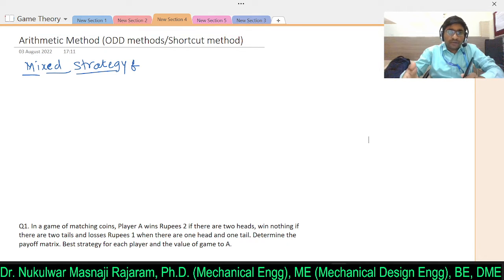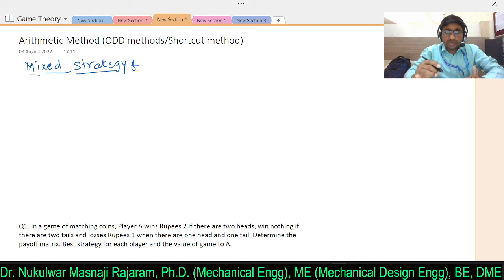If there is no saddle point, then we will go for the dominance principle, which I have already explained in earlier videos. Now in some cases you might get no saddle point and we cannot eliminate by the principle of dominance. In those cases we use another rule, which is known as rule number 3, mixed strategy.